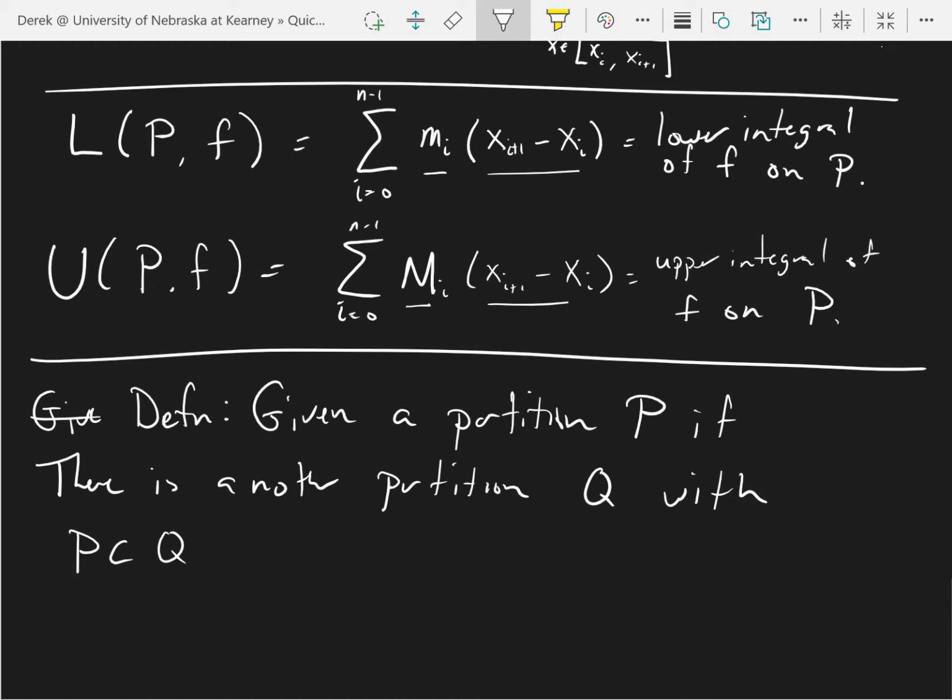P is a set of points between a and b, Q is a set of points between a and b, then Q is called a refinement of P.